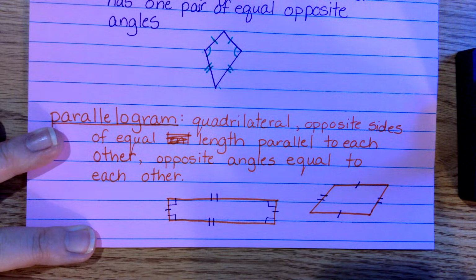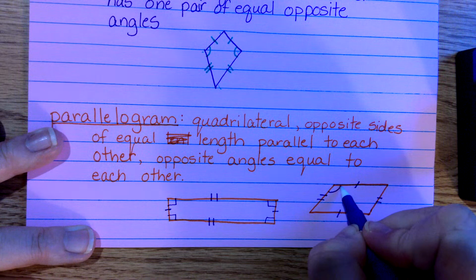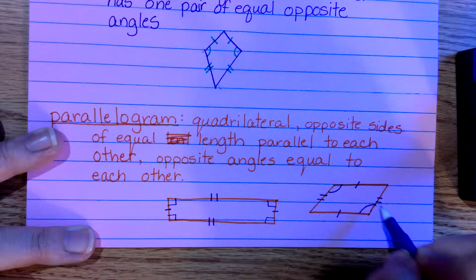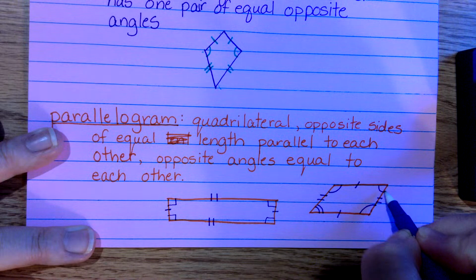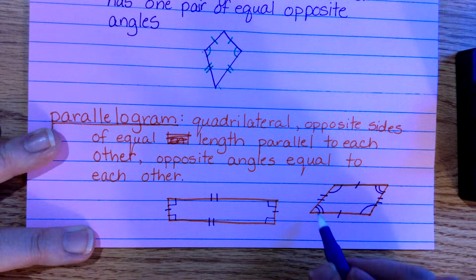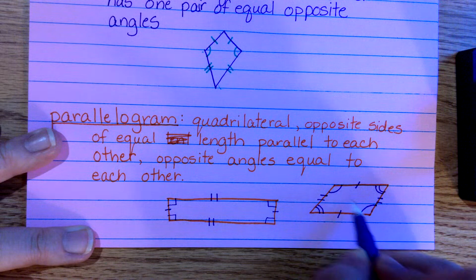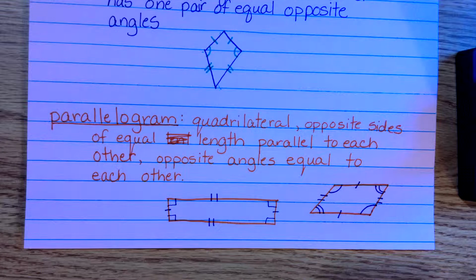And then we also have opposite angles that are equal to each other. So these two angles are equal and these two angles are equal. That is a rhombus, which is also a parallelogram.